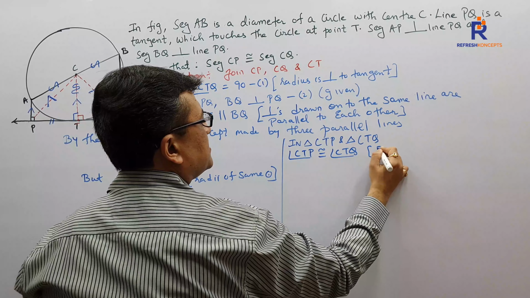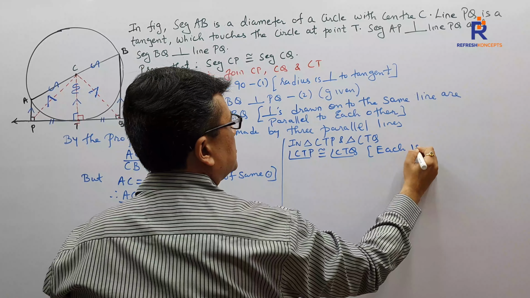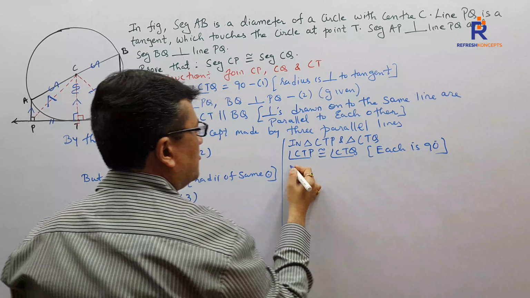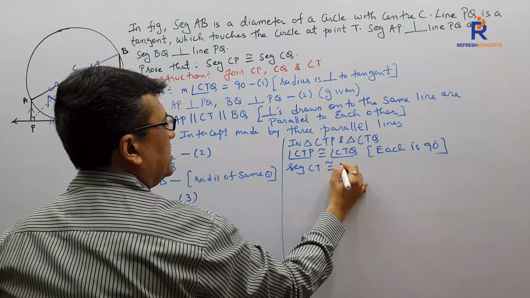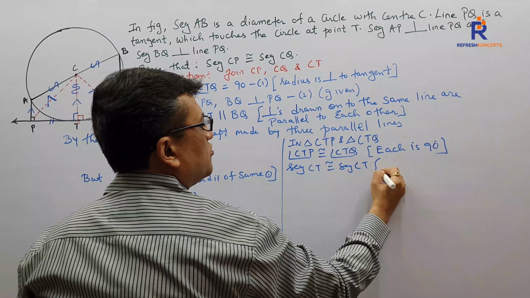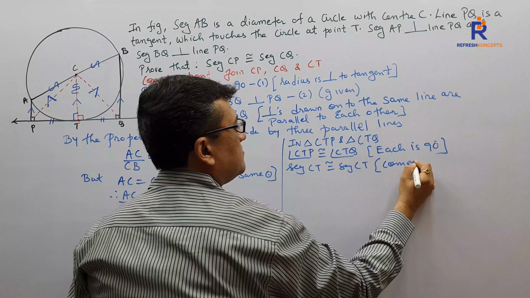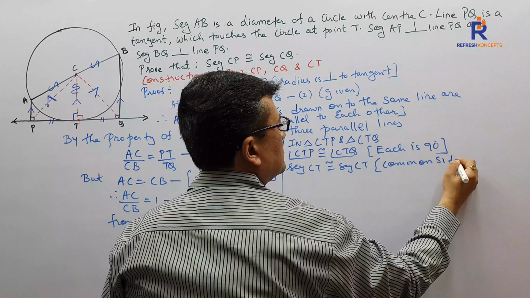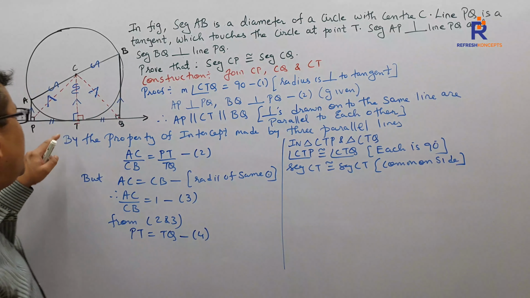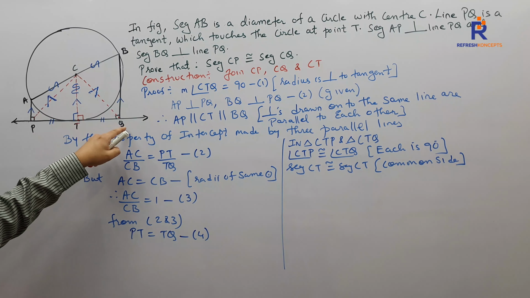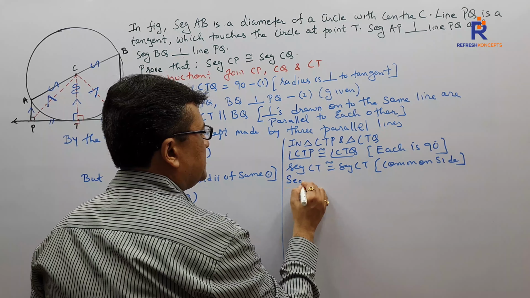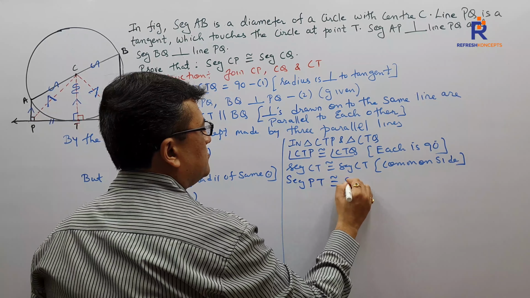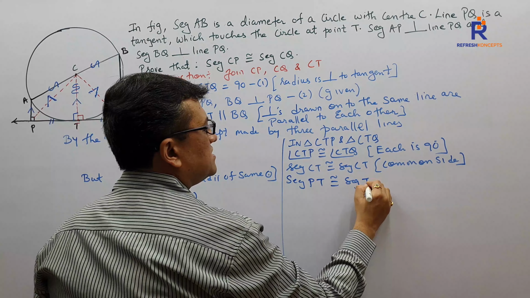You can say each is 90 degrees. What further? Segment CT congruent to segment CT. Why? Common side. What next? PT congruent to TQ. Already there from equation 4. Segment PT congruent to segment TQ.